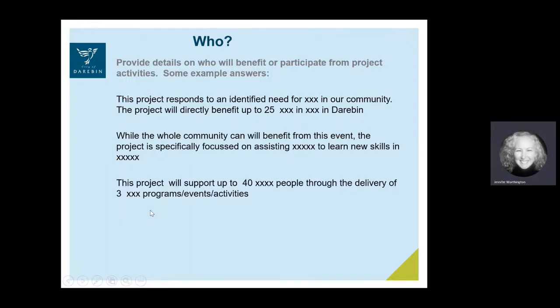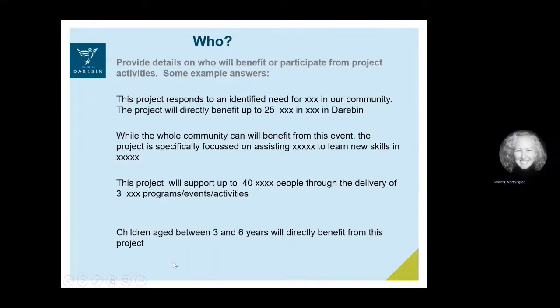The project will support up to 40 people through the delivery of how many programs, events and activities. Or children aged between 3 and 6 will directly benefit from the project. So if you are aiming for a particular group of people, tell us their ages, tell us how many, and tell us how many people you're expecting to benefit.